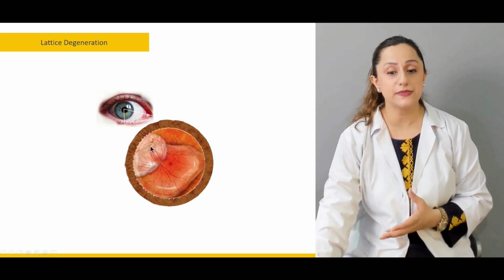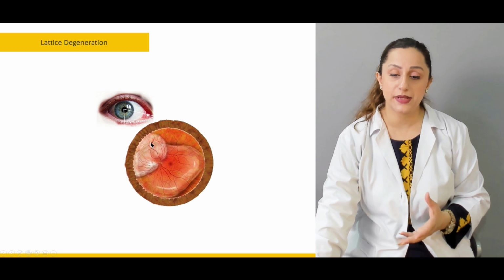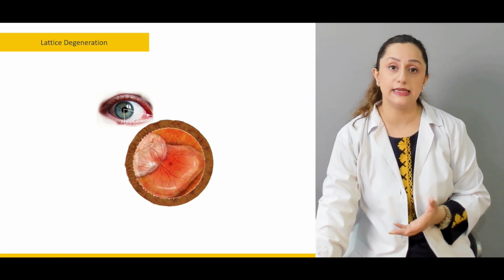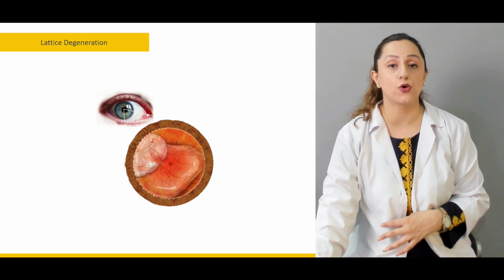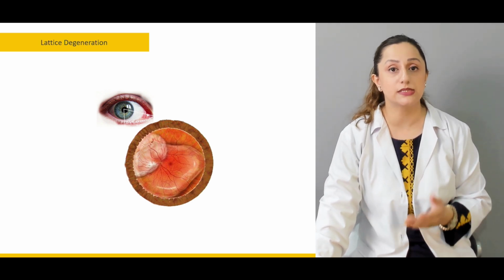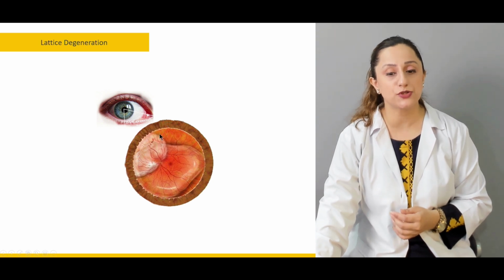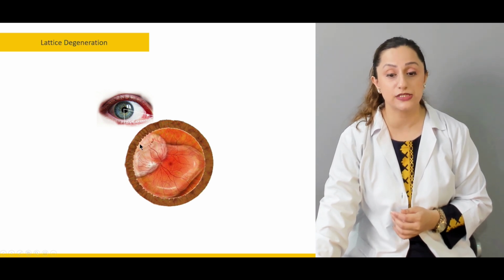Then there are sometimes holes present in the retina. There are small holes that give way to the formation of retinal detachment in these individuals. And then we have the spindle-shaped ora serrata. As you can appreciate over here, the ora serrata is quite different.